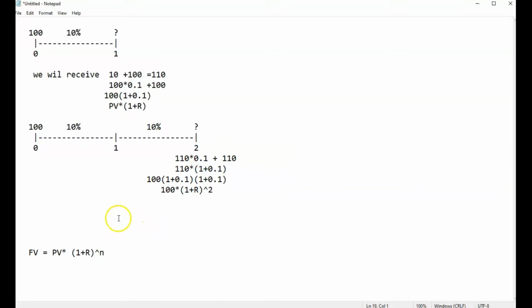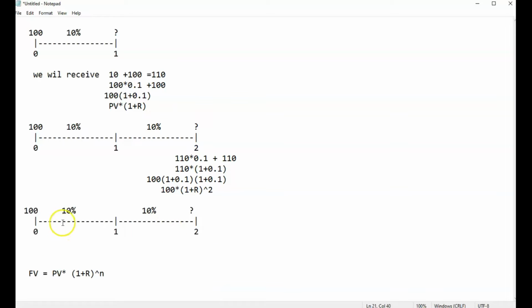Again, the assumption is that the interest rate is constant. So the interest rate of the third year is still 10%.